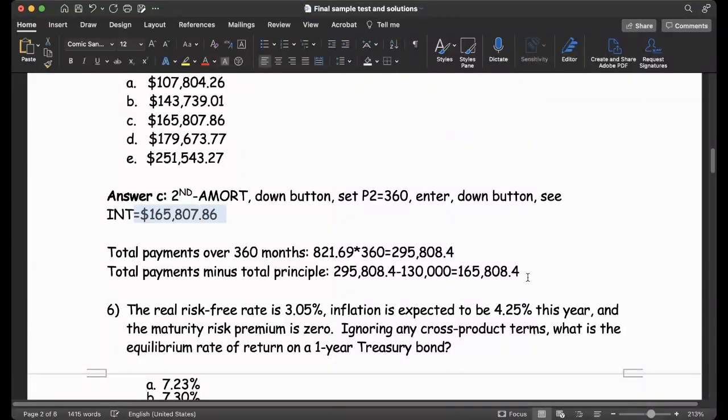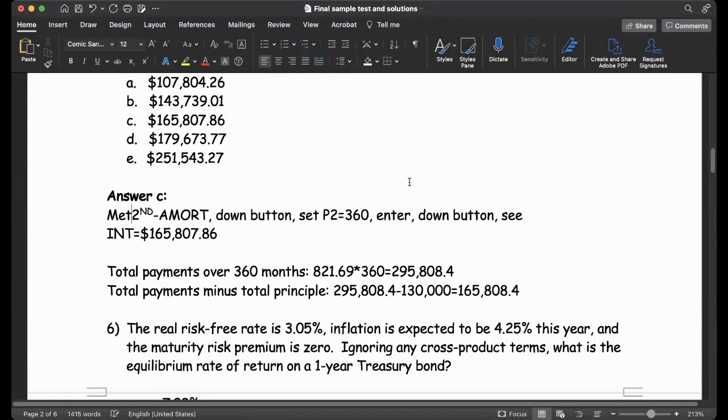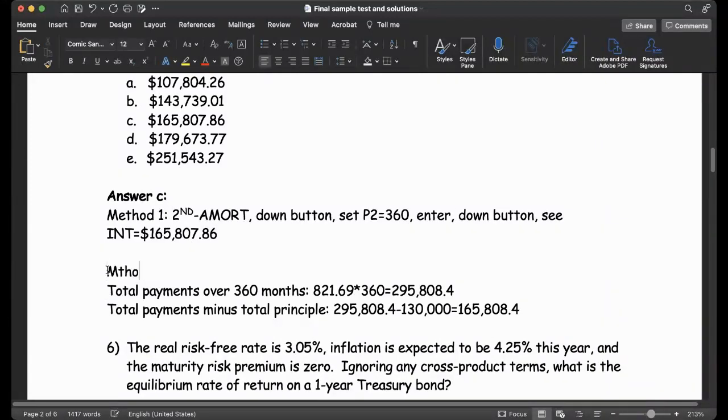There are two ways to solve this question. The numbers are a little bit off, but very, very close. Let me mark here. This is method 1, and this is method 2.